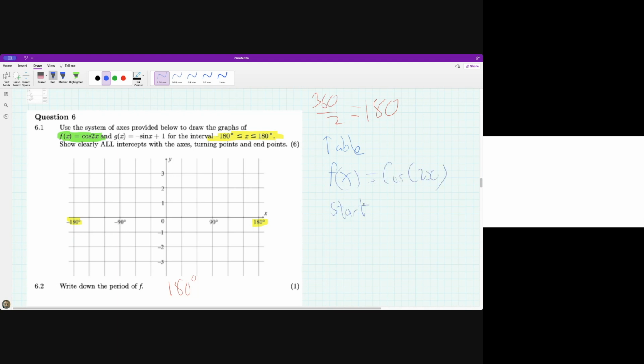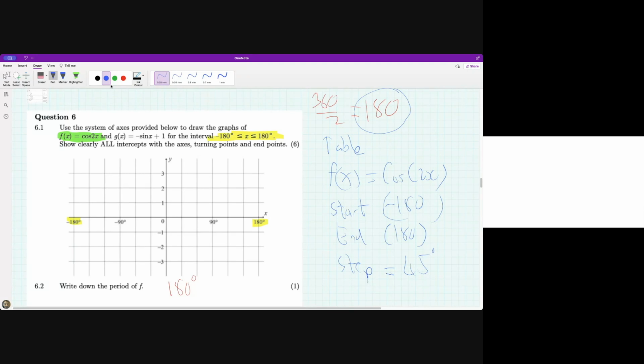You need to do the start, which would be minus 180, the end, which would be positive 180, and you need to choose a step size. Now, this is tricky. What's the step size going to be? Okay, because the period changed, the step size is going to be 45. Okay, draw me my graph.